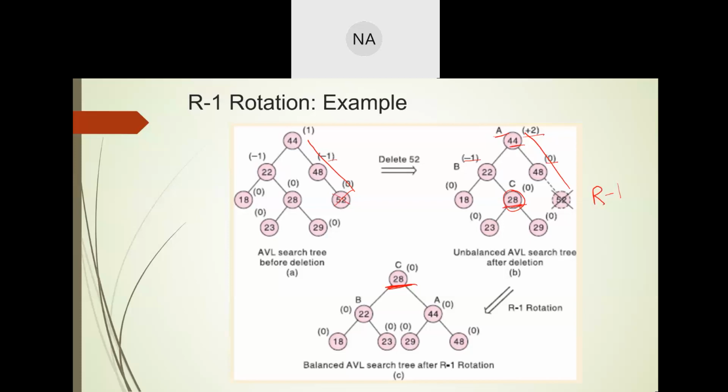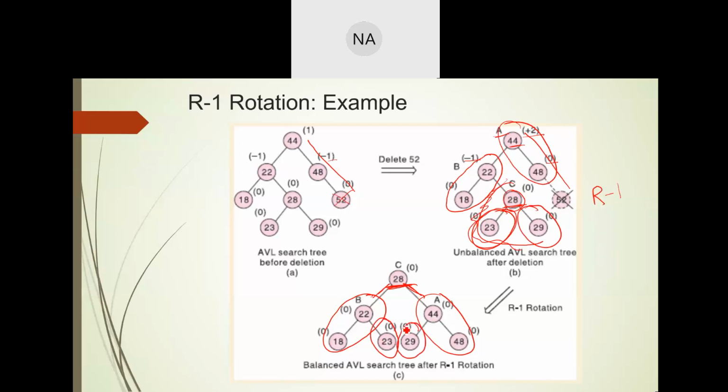Now node B along with its left subtree is made the left child of node C. Node A along with its right subtree is made the right child of node C. The left subtree of node C is made the right subtree of node B, and the right subtree of node C is made the left subtree of node A. So that's R minus 1 notation, and that is exactly similar to LR rotation.